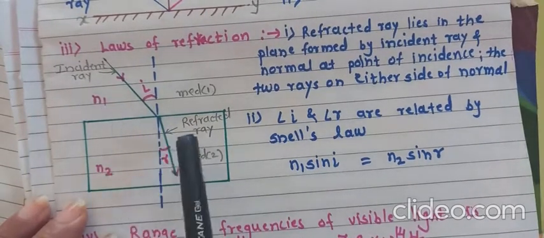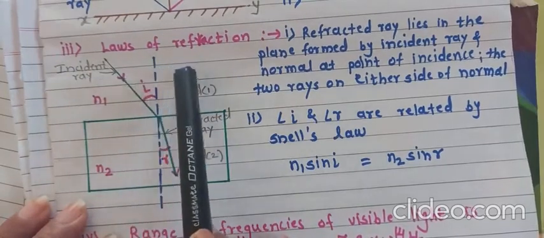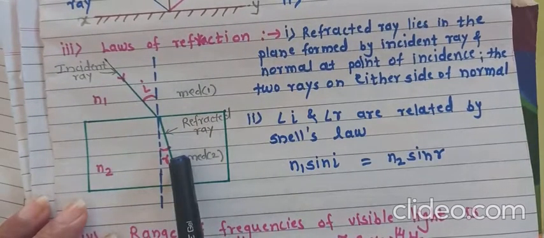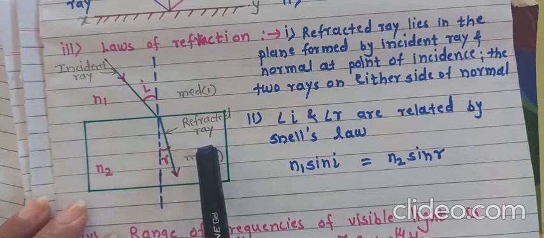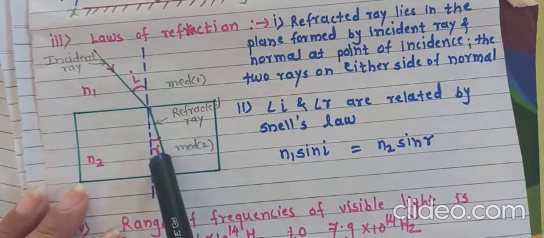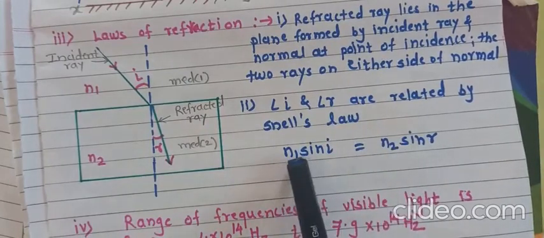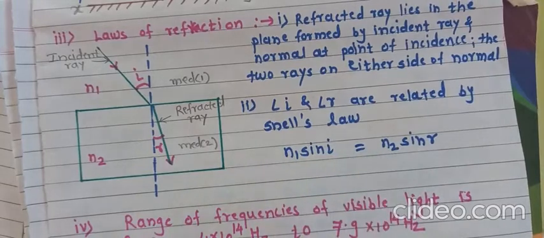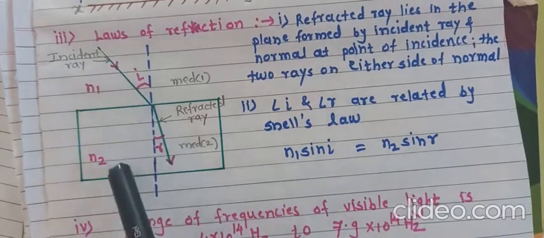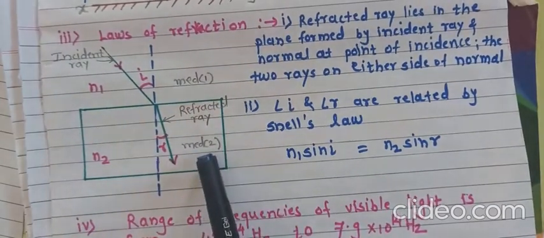Then the refracted ray lies in the plane formed by the incident ray and the normal, and the incident ray and the refracted ray lie on either side of the normal. Second, the angle of incidence and the angle of refraction are related by Snell's law: N1 sin i equals N2 sin r, where N1 and N2 are the refractive indices of the first medium and the second medium.